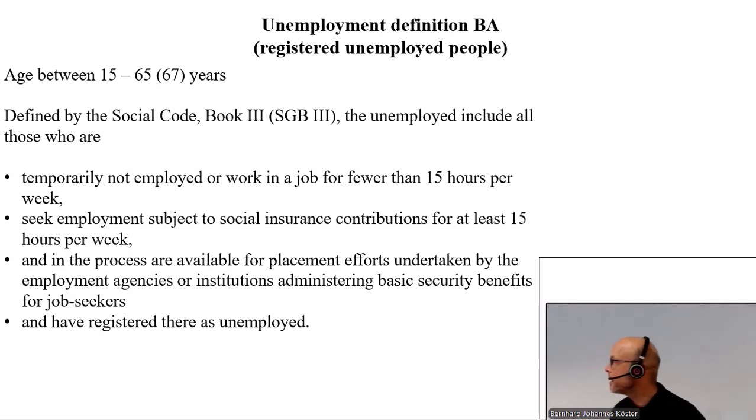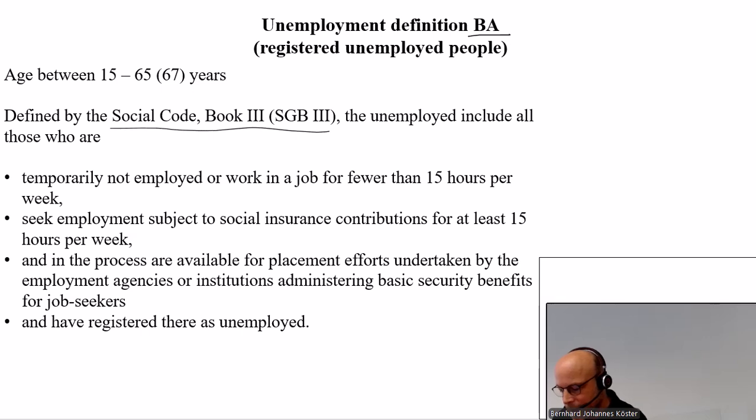Because here it is. So in general, when we look at our labor market organization in Germany, the Bundesagentur für Arbeit, there it is in our social code by law defined that we in general look at people between 15 and 65. But of course, we do not look at people which are in school, or also we do not look at you.